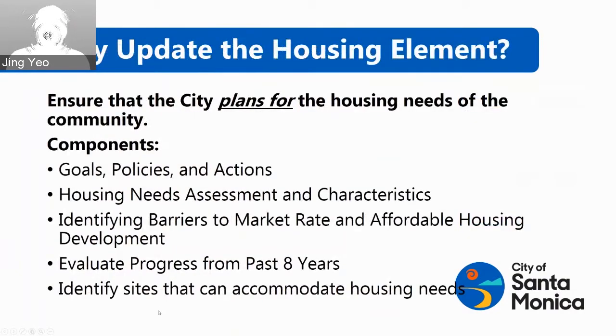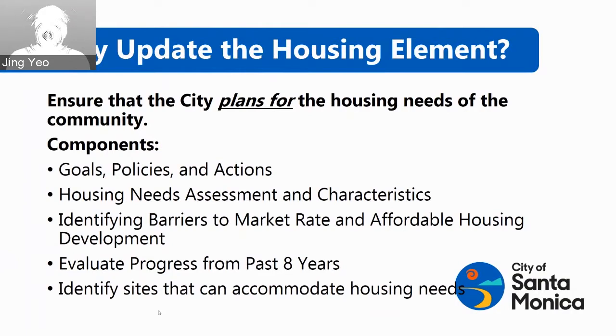So why are we doing this update? As I touched on, it's a requirement that the city plans for the housing needs of the community. And the housing element consists of 5 major components. There are goals, policies, and actions. And what that is, it sets out the program of how those housing needs will be met.